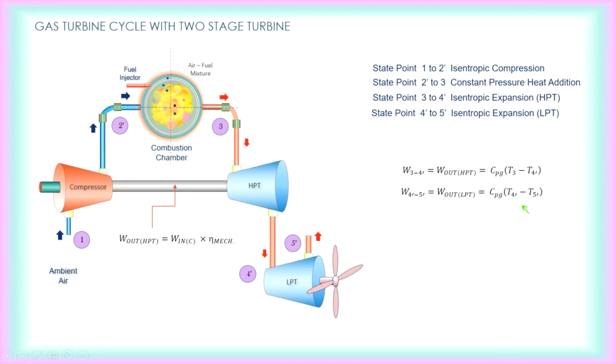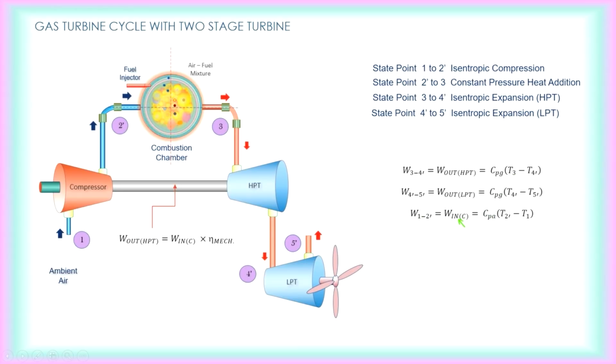So multiply by the temperature difference of T4 prime minus T5 prime. Relative pressure can also be used for the work output of the low pressure turbine. There are two ways, but we are using this by calculating the work output of high pressure and low pressure turbines by taking CPG multiplied by the temperature difference.